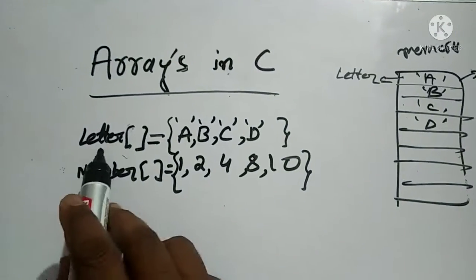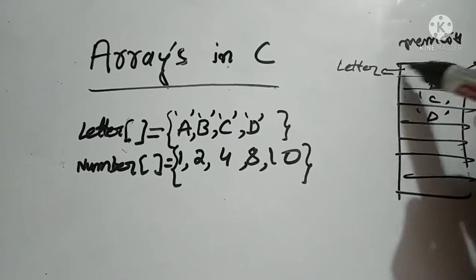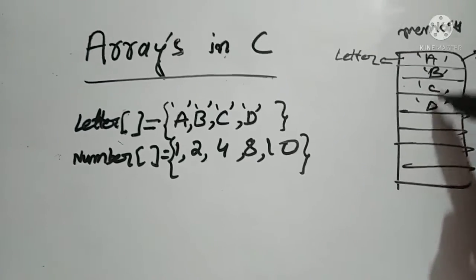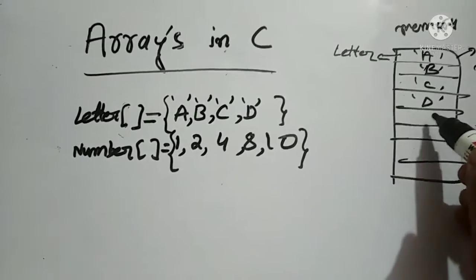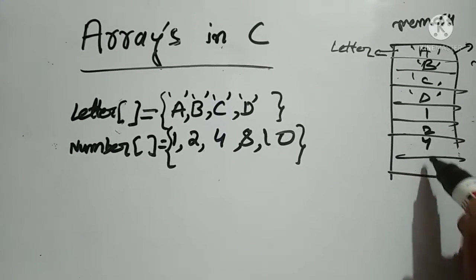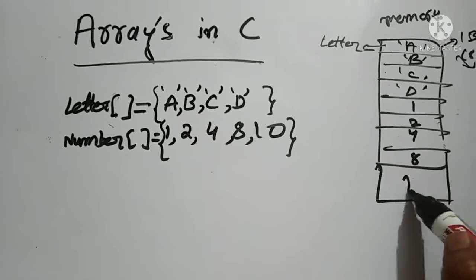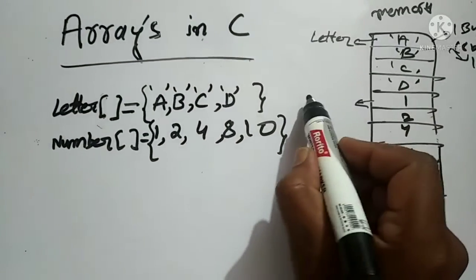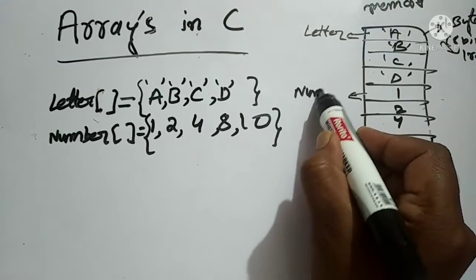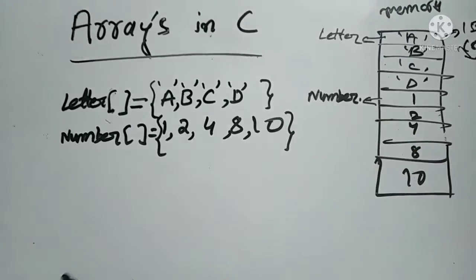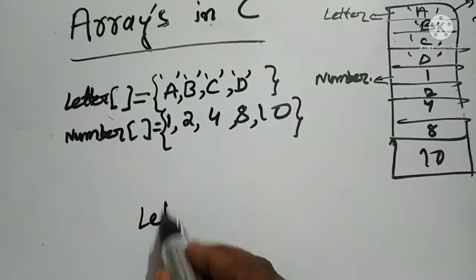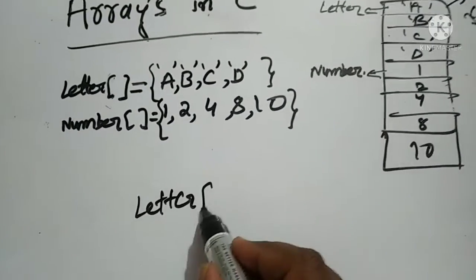So letters is assigned the starting address of the data. Similarly, 1, 2, 4, 8, 10 will be stored in memory, and the starting location of this memory is assigned to a variable called number.